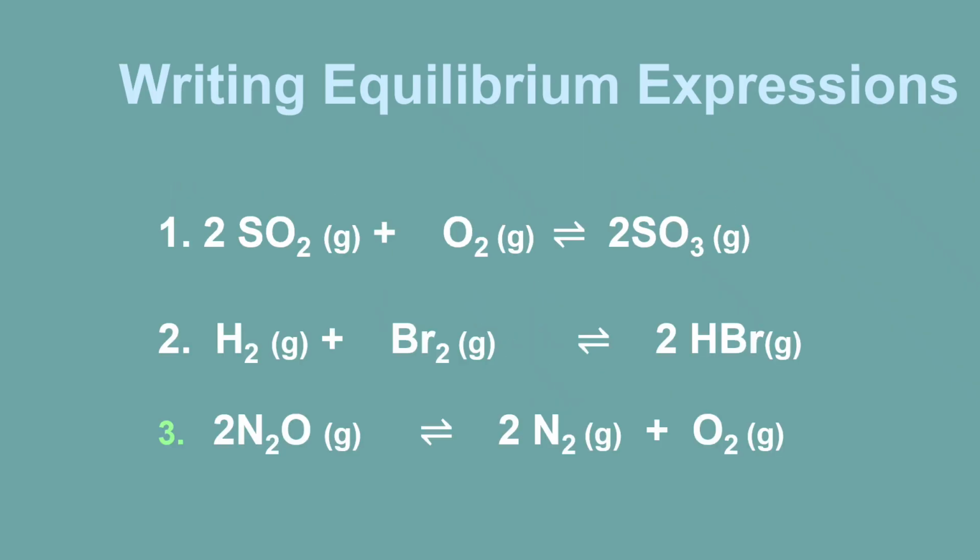So now if you have understood how to write expressions for equilibrium constant, I'd like you to try to write the expressions for equilibrium constant for all of these three reversible reactions. You may just pause the video and proceed further once you have attempted to write the equilibrium constant expressions for all these three equations.